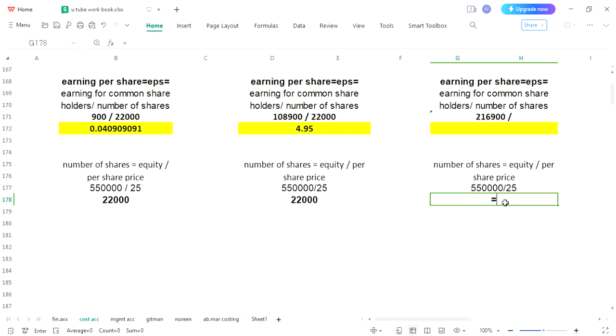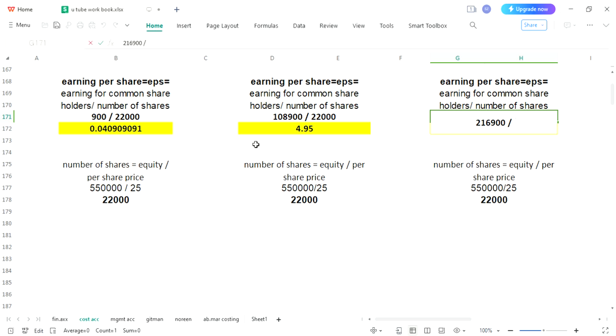Statement is completed. Now let's calculate the number of shares. Now we have 22,000. So let's put this 22,000 in the previous formula, where earning per share is calculated by dividing earning available for common shareholders by the number of shares.